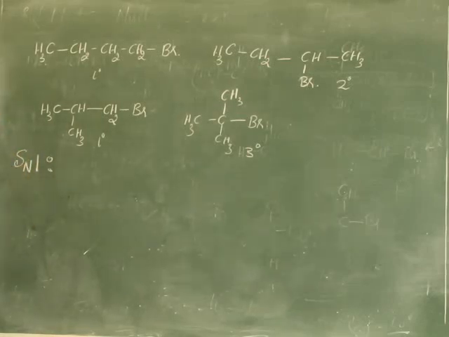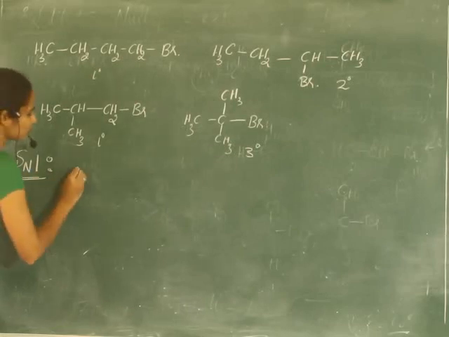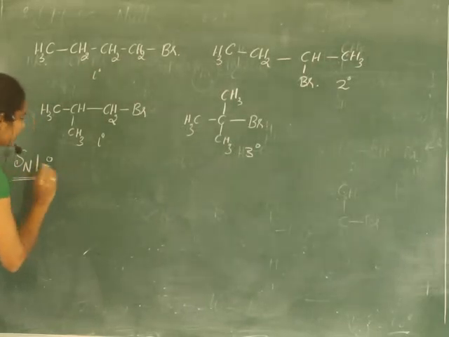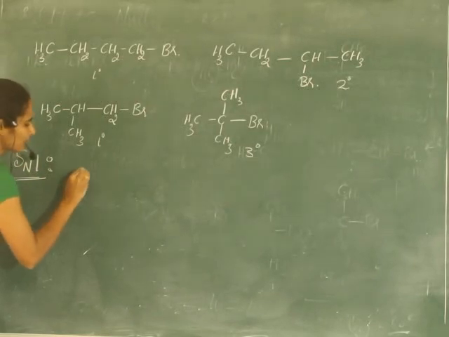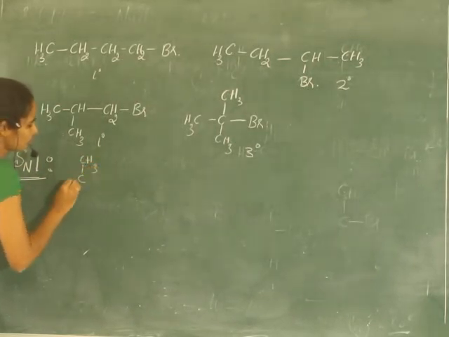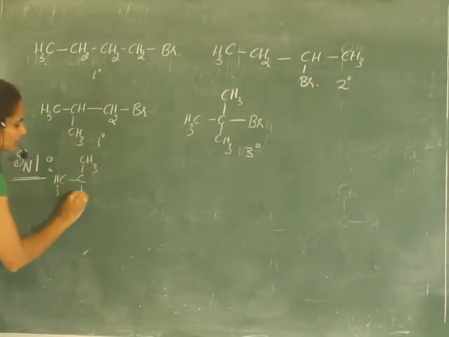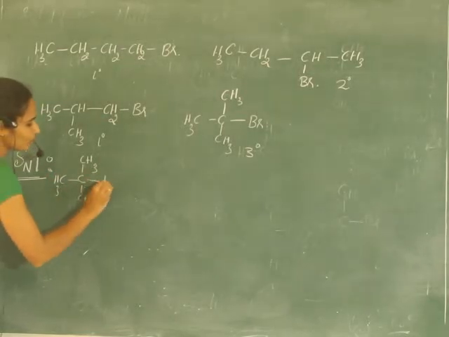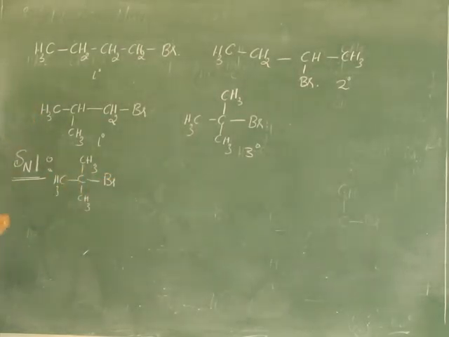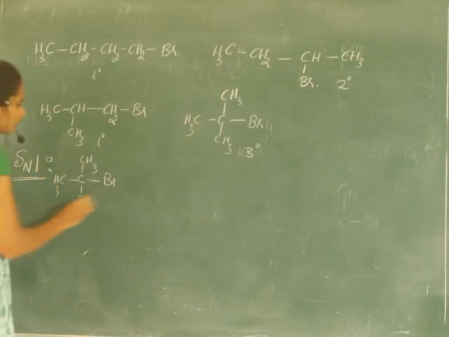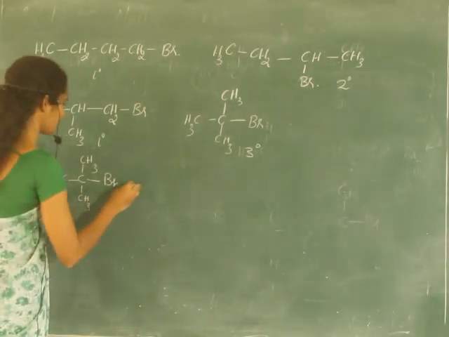Now let us discuss the SN1 reaction mechanism. As we know, a tertiary carbocation or alkyl halide reacts faster by the SN1 reaction mechanism, hence tertiary butyl bromide, whose mechanism we discussed, will react to a greater extent in SN1 reaction.